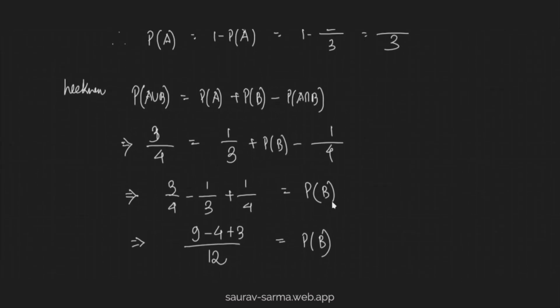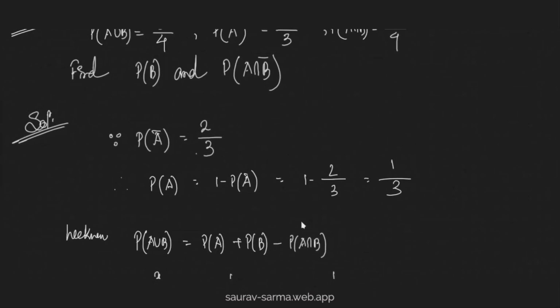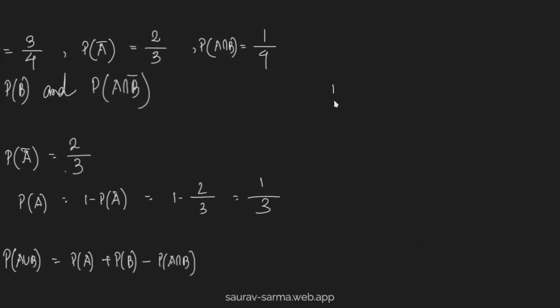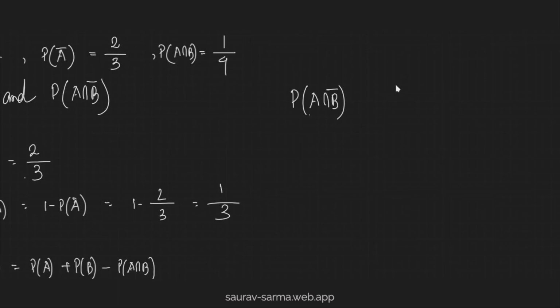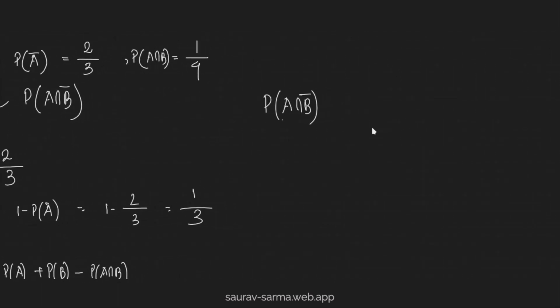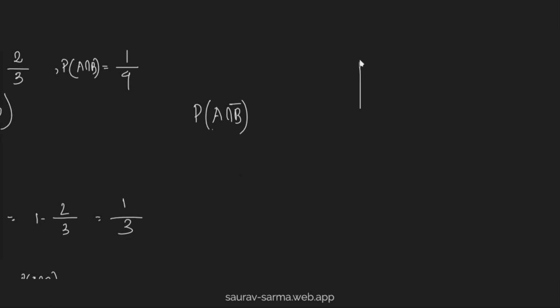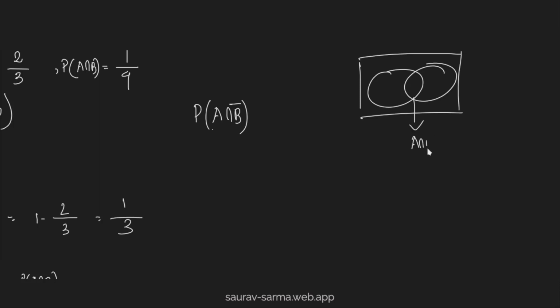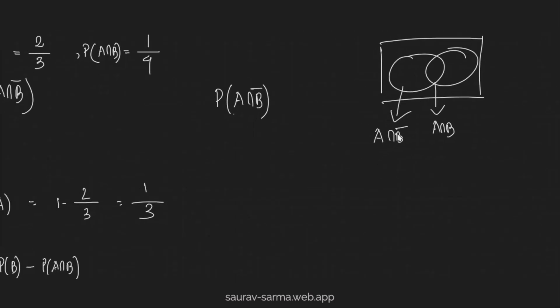Now we have to find out probability of A intersection B bar, right. So probability of A intersection B bar ima dona ekhon diagram hisabe dekhabo loga hoy. If this is A, so this is A intersection B, A part took A intersection B bar boli koy, right.